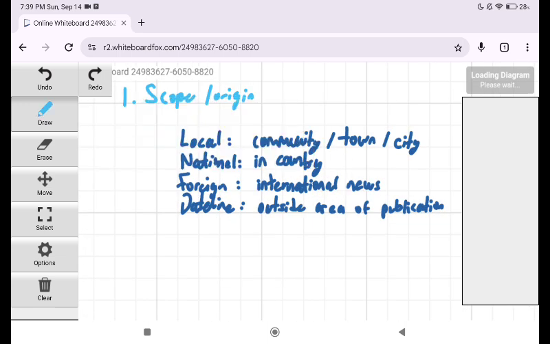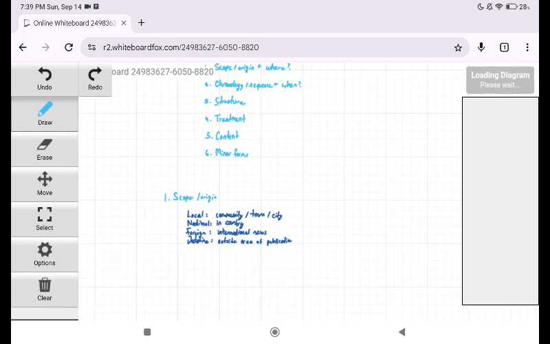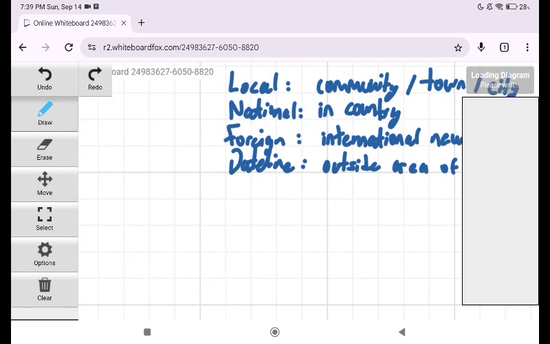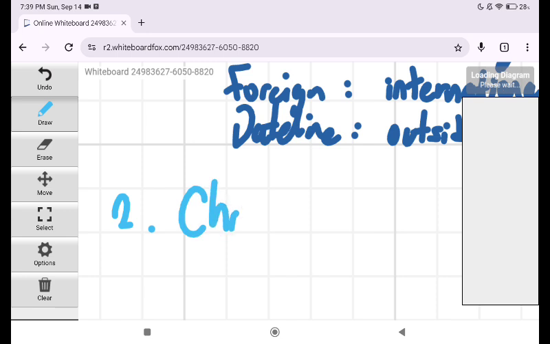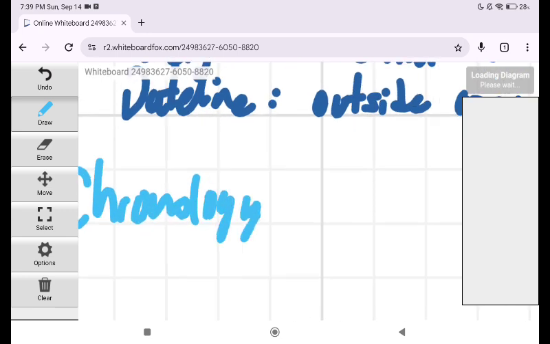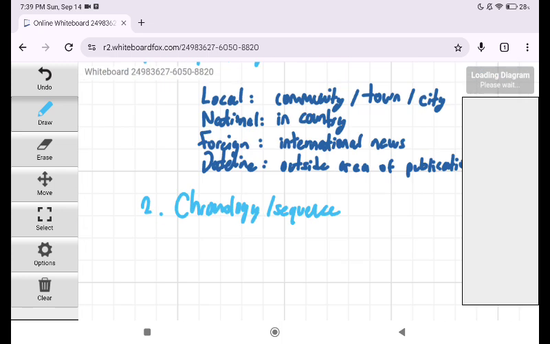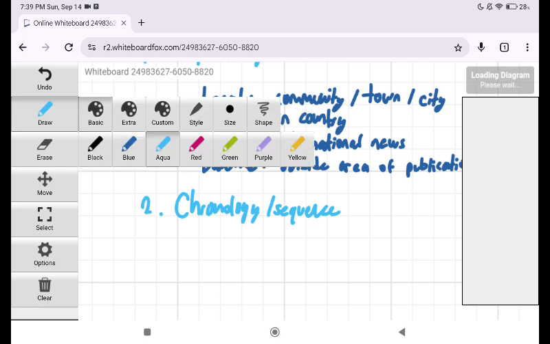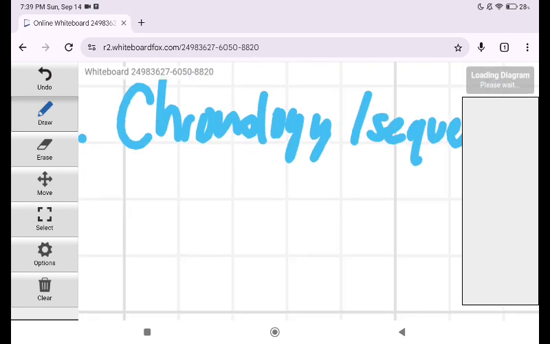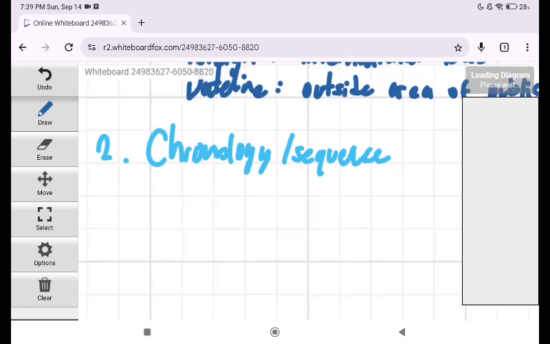The second one we have is the chronology or sequence. So we have the types of news based off of chronology or sequence: advanced, spot, coverage, and follow-up news.